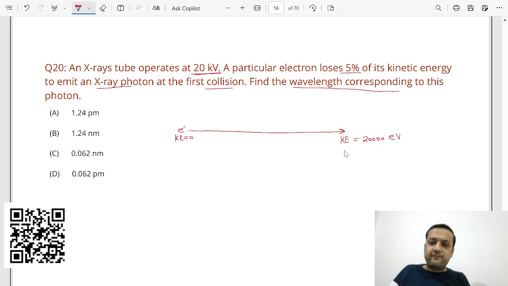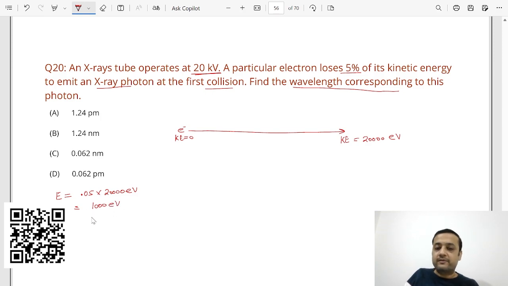Now it is losing 5% of its energy. That means the photon that will be released will have 5% of the energy of the electron, because whatever energy is lost was used to create the photon. So the energy of the photon will be 0.05 into 20,000 electron volt, which becomes 1,000 electron volt. So this is the energy of the photon. Now how can we find the wavelength?